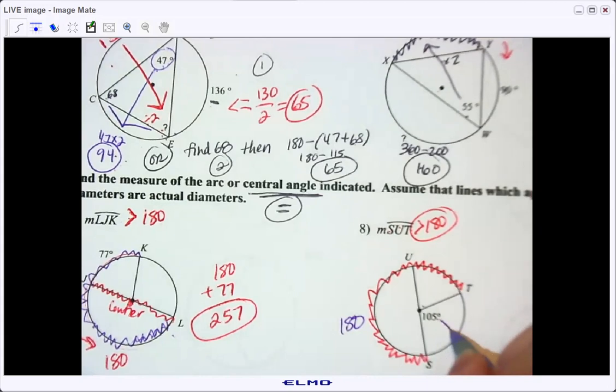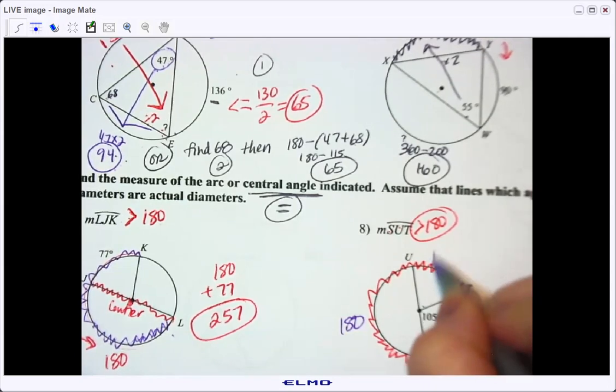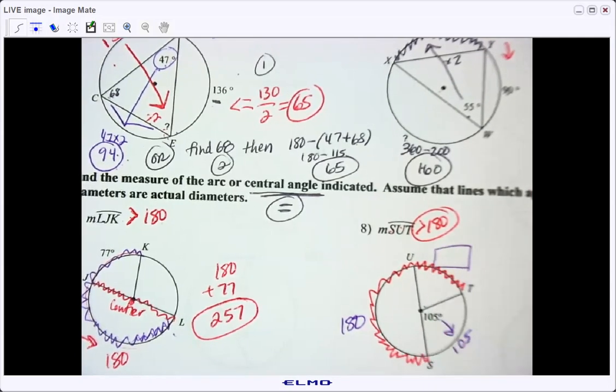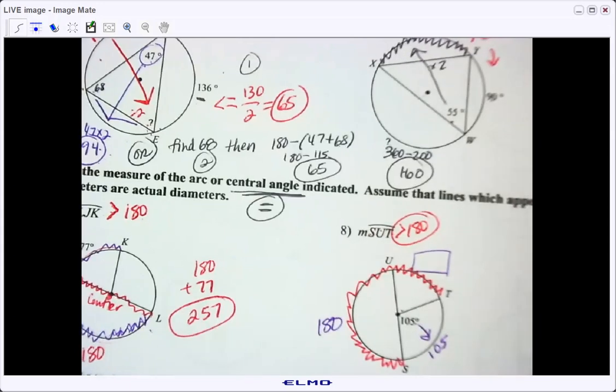Well, I know that this arc is equal to its angle. How big is this arc right there in the box? Arc UT. How big is arc UT? Put it in the chat box.